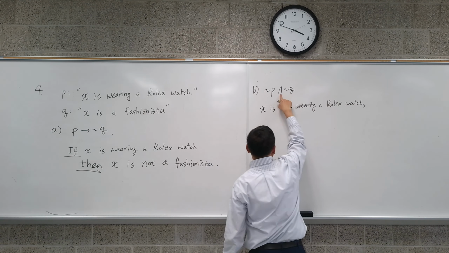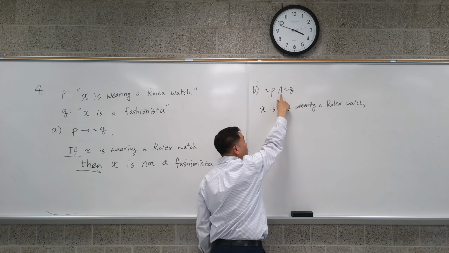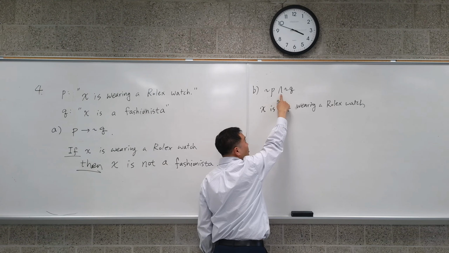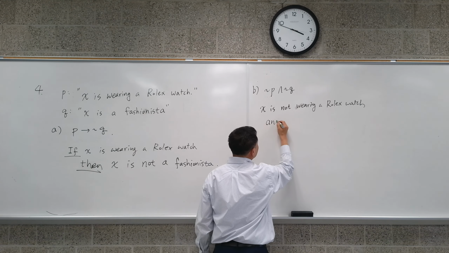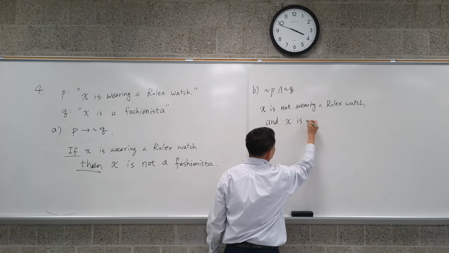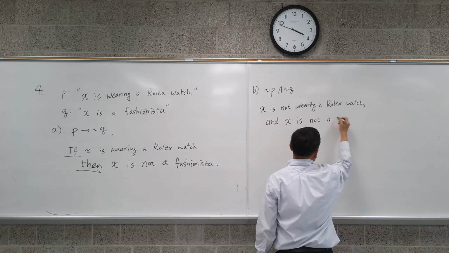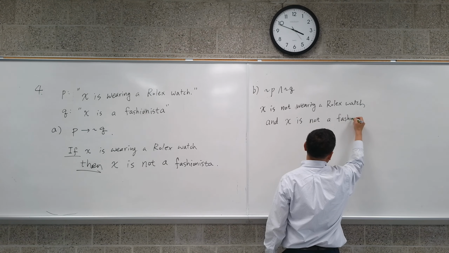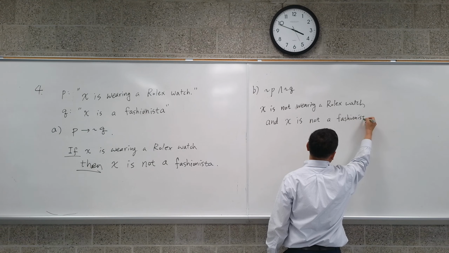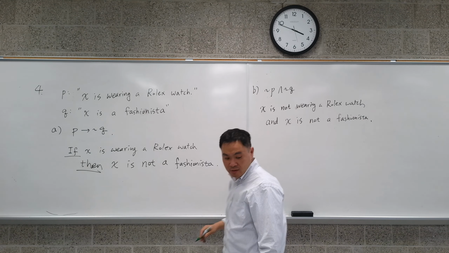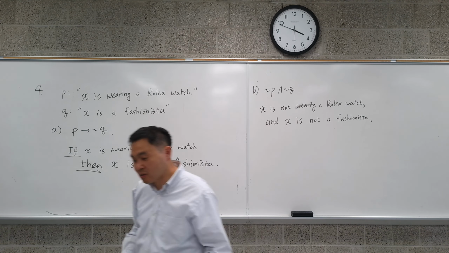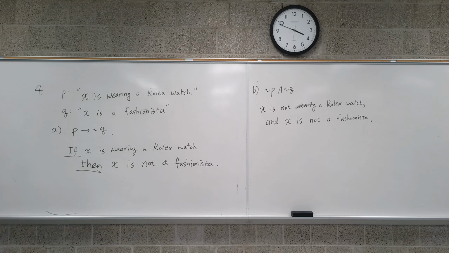And what is this symbol? And. So put and. X is not a fashionista. Okay, so it's rather simple. It's not that complicated.